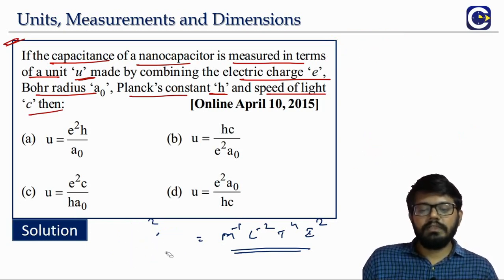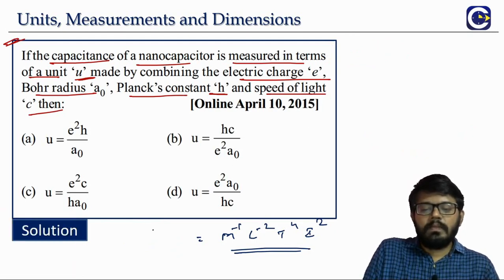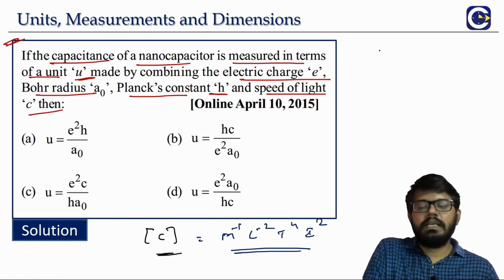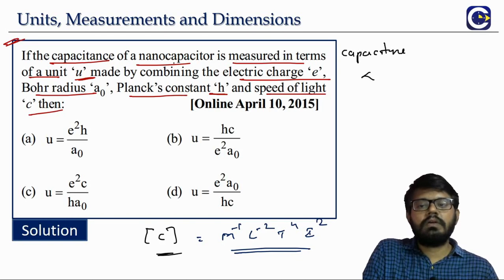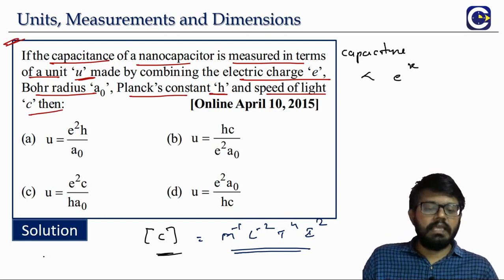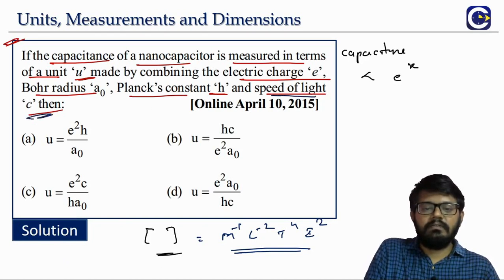Now we got this. After this, what is the next step? We will have to substitute them in the relation. What is the relation? We'll say capacitance is proportional to e power x. Here they are saying to use the symbol U for capacitance, because they are already using the symbol C for the speed of light in vacuum.